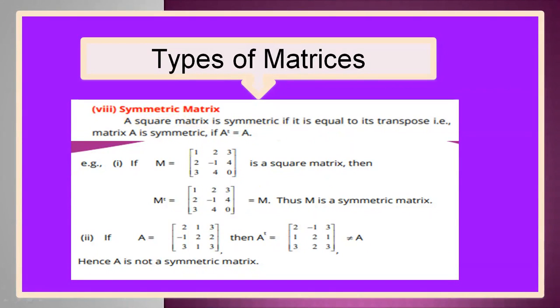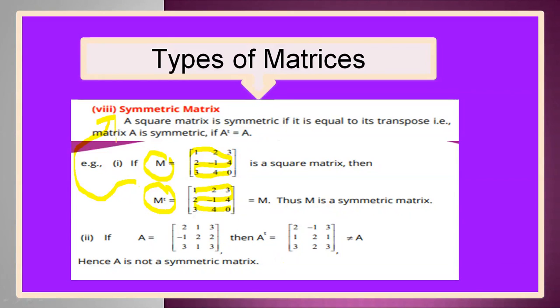Look, I am taking this and converting rows into columns, rows into columns, rows into columns. I have made the transpose of this matrix. But what I am observing here is that it is exactly the same. Those numbers I'm taking, they are the same. That's why this matrix is known as symmetric.